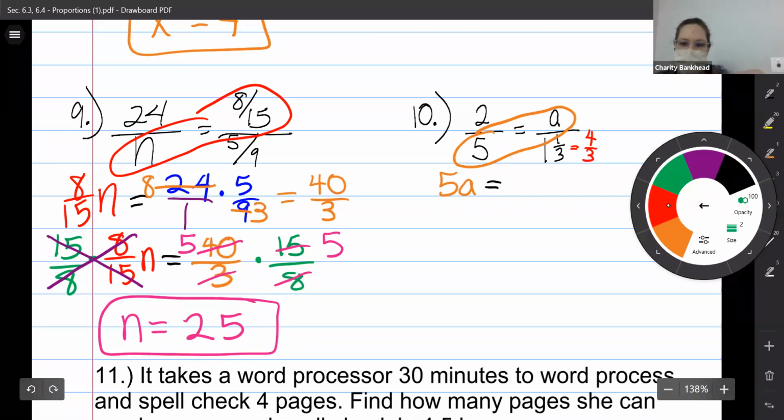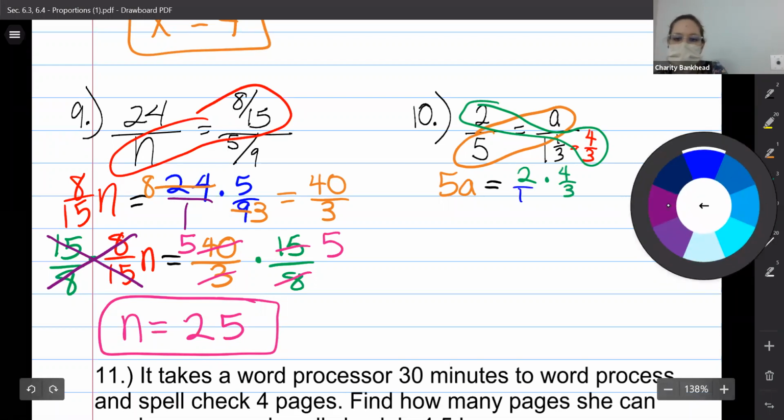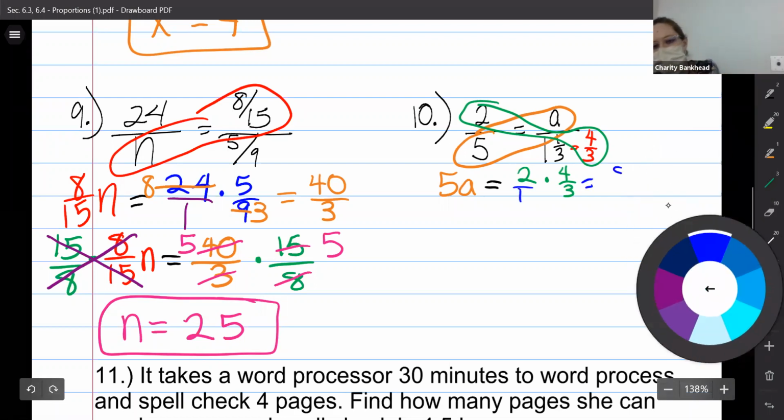And then I need to do 2 times 4/3. So 2 times 4 is 8, and 1 times 3 is 3.